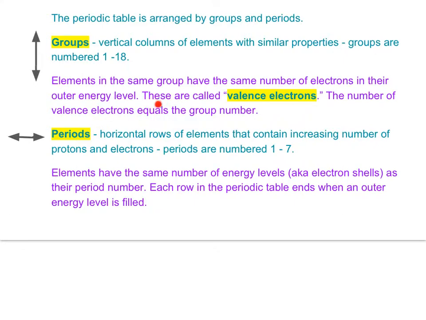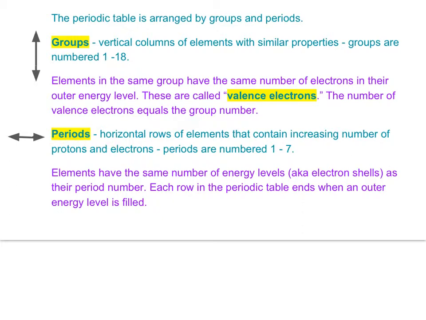These electrons that are in this outer energy level are called valence electrons. So valence electrons are in the outer energy level, or sometimes it's actually called the valence energy level or the valence shell. The number of valence electrons is equal to the group number, and I'm going to show you a picture that shows this in a second.